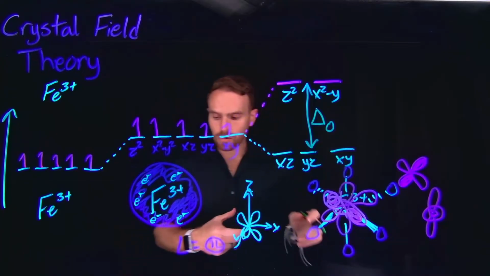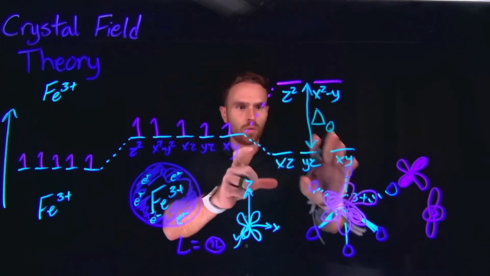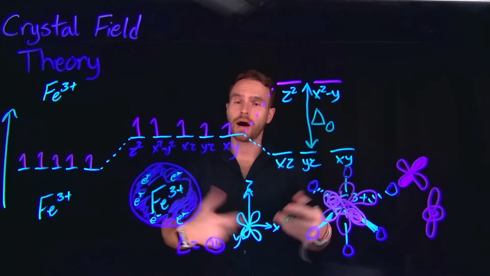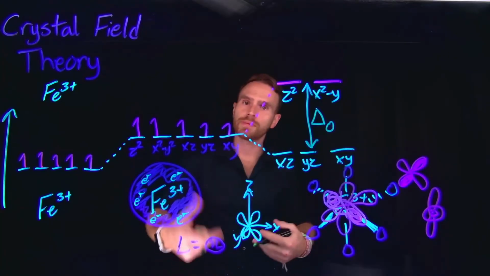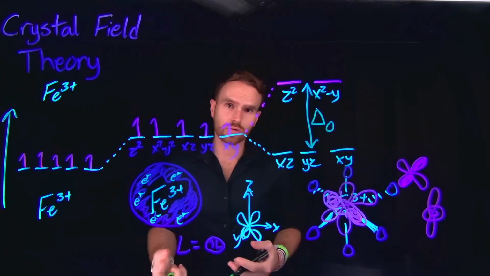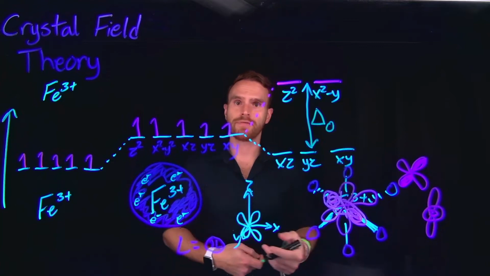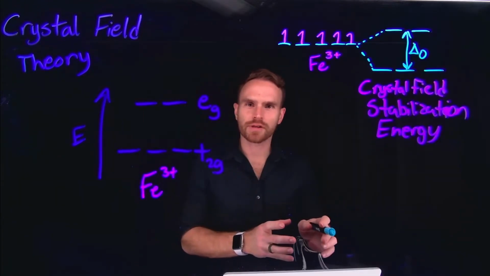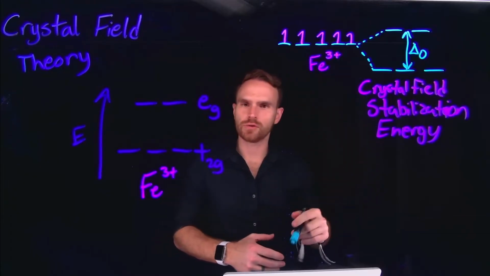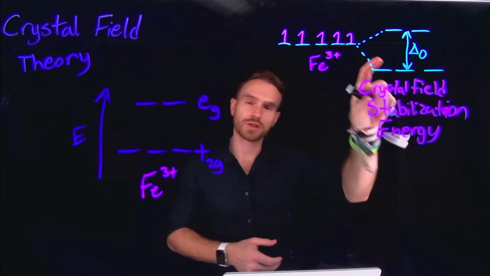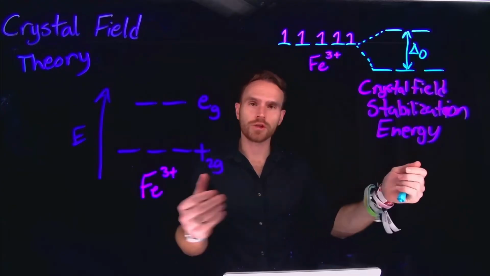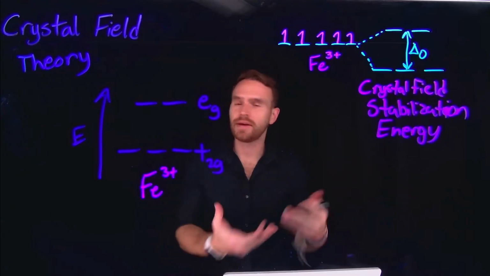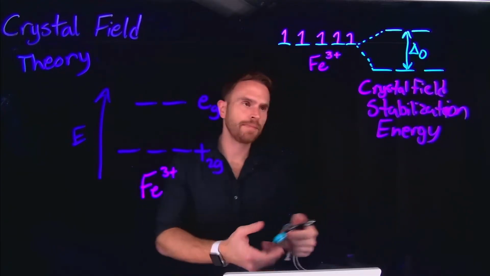So now that we see what can happen when things come in octahedral coordination environments, you should be able to do the same for tetrahedral or square planar coordination environments. And these are the things that we'll talk about more in class. So this energy difference that arises from the crystal field stabilization energy, which is what it's called, happens when you consider those ligands coming in an octahedral coordination environment.